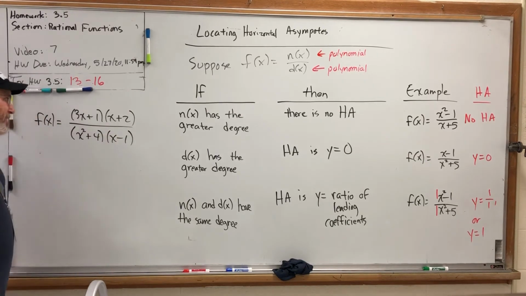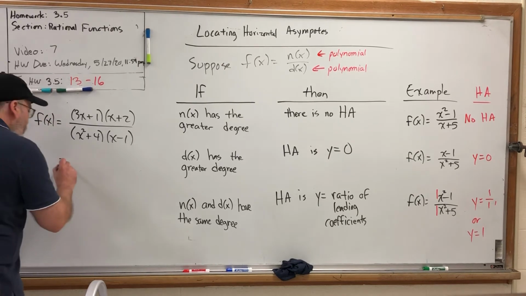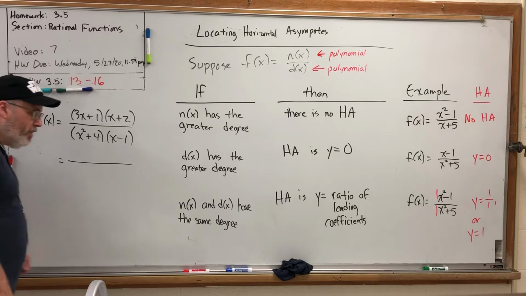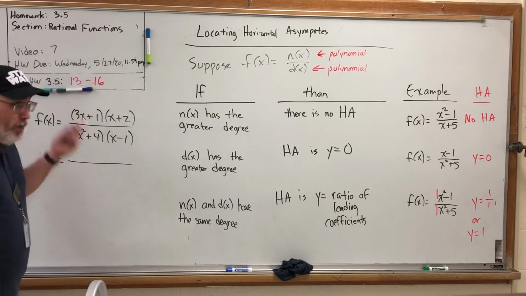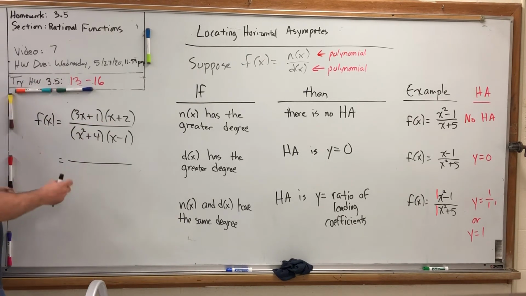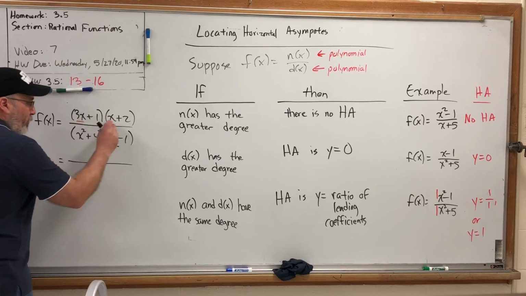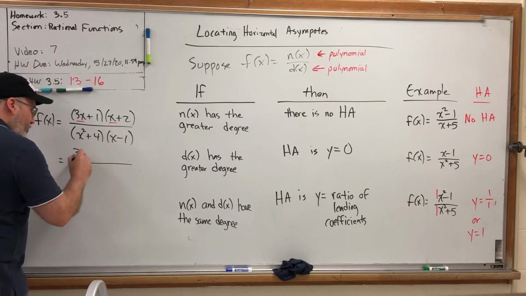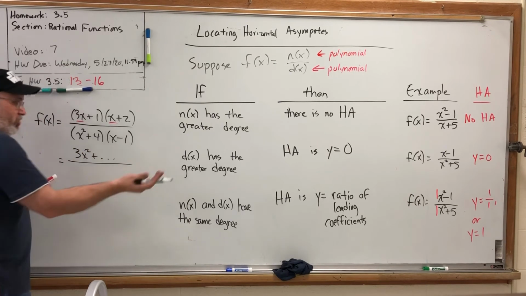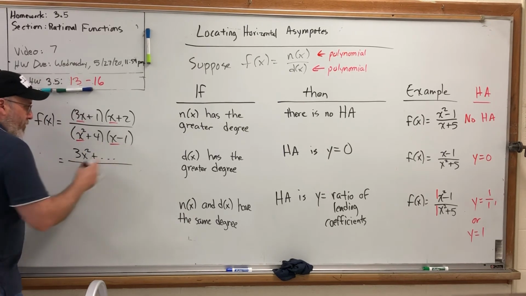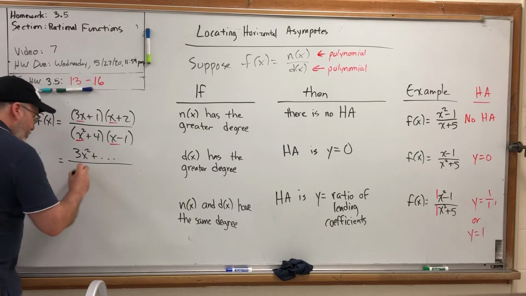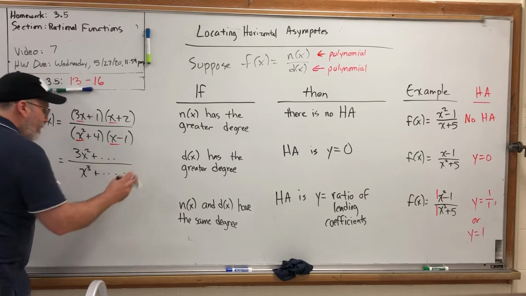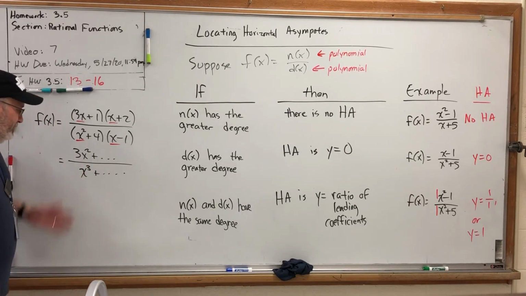Now I don't think you'll run into anything this messy, but if you were looking for the horizontal asymptote, you would need to know what the leading terms are. These are small enough that you can multiply out, but you can always create the leading term by just multiplying the leading terms of each factor. So in the numerator, the leading term would be 3x squared plus some more stuff. In the denominator, x squared times x is x cubed plus more stuff. And if I only need the leading terms, then this is all I need.